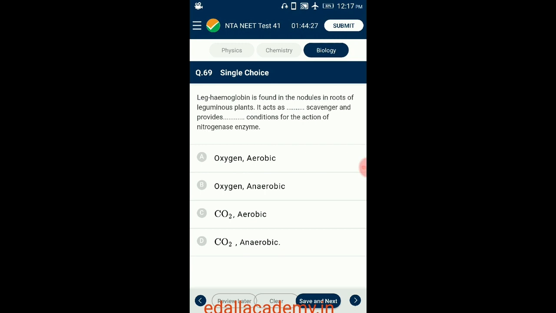It catalyzes the conversion of atmospheric nitrogen to ammonia. Ammonia is the first stable product of nitrogen fixation. So the answer for this question is option B. Leghemoglobin is found in nodules in roots of leguminous plants. It acts as an oxygen scavenger and provides anaerobic condition for the action of nitrogenase enzyme. So the correct option is B.